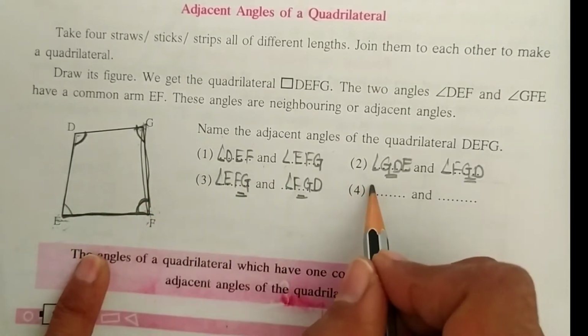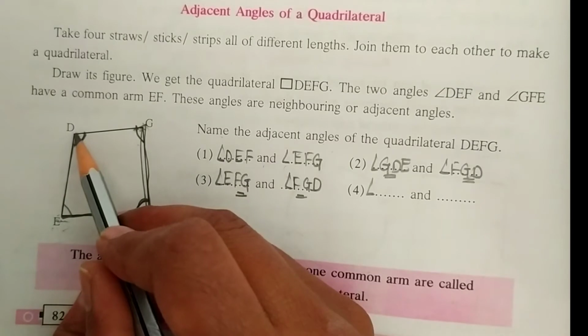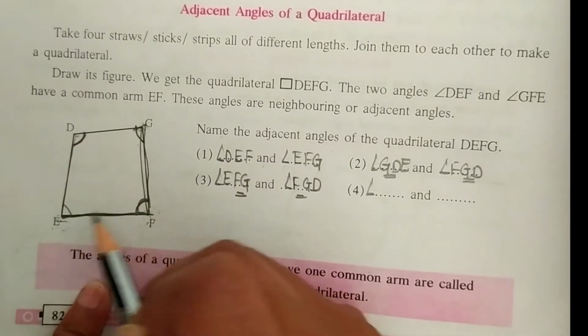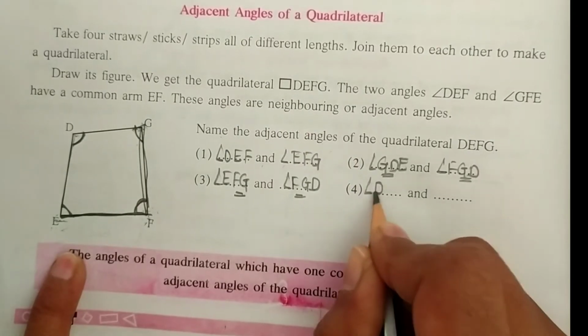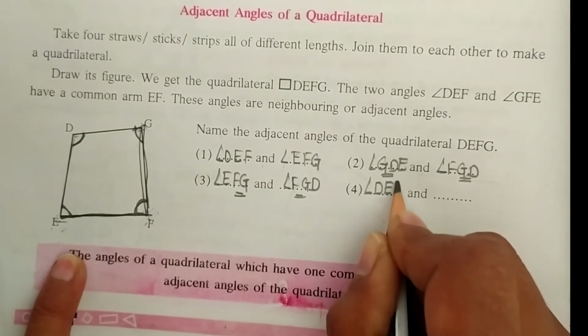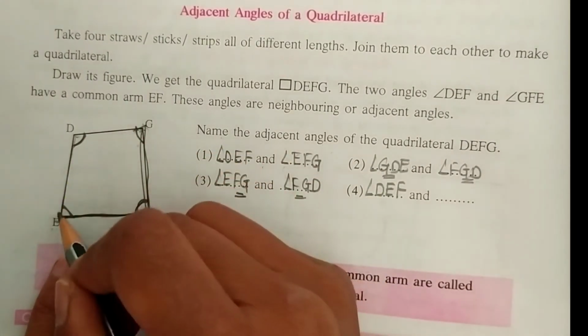Now let's write the next pair. Angle DEF, this one, and angle GDE.